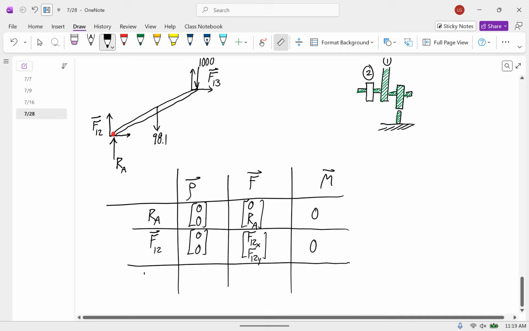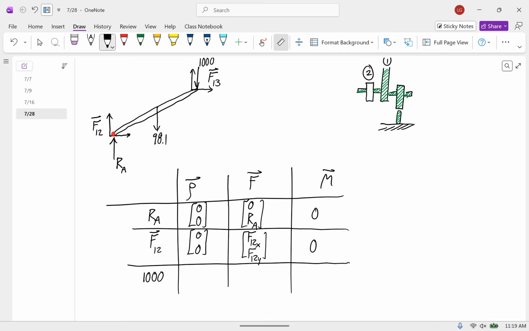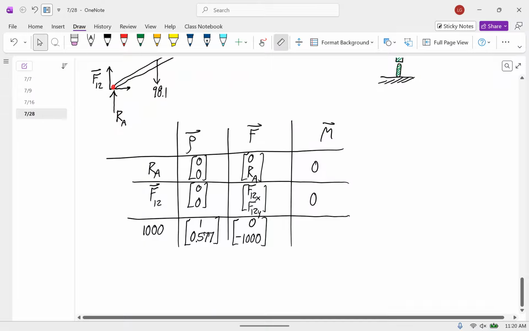So I'm going to go to the 1000. The row vector is 1 and then 0.577. And the force vector is 0, negative 1000. And so the cross product is negative 1000.